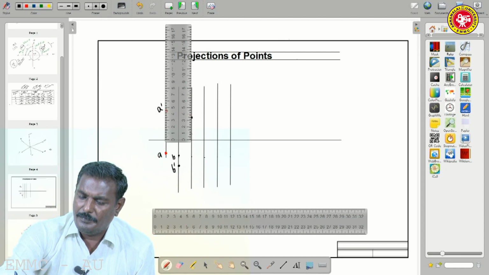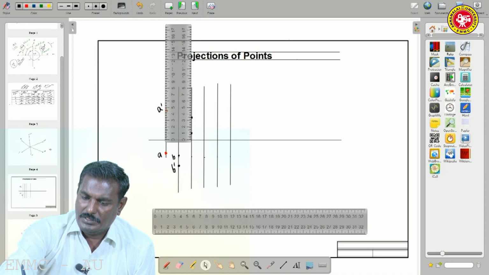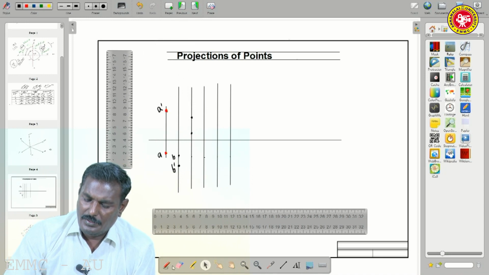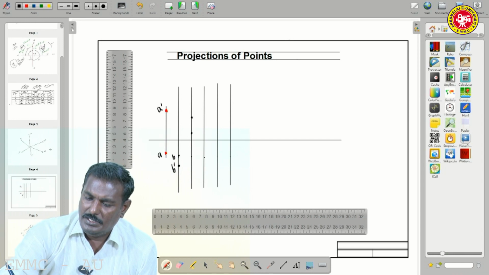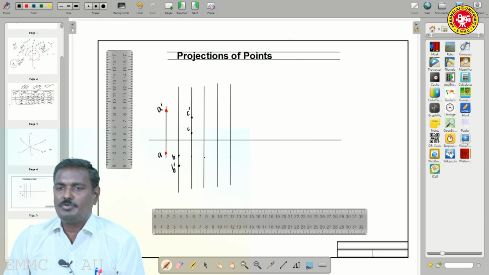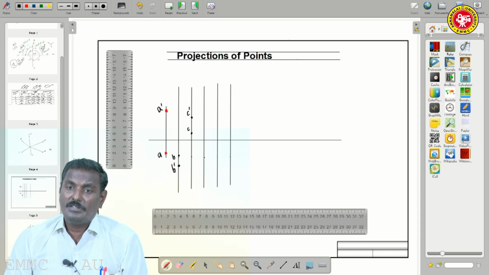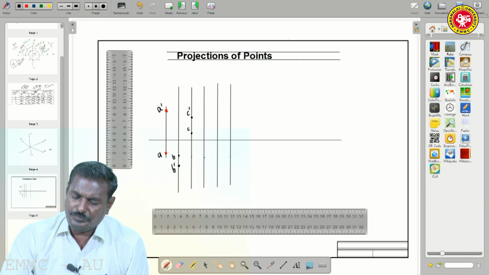So for 10 mm we mark. So that's why I am telling you here. This is 35 mm above HP, that is C dash, and small c, that is without dash, represents the plan view.